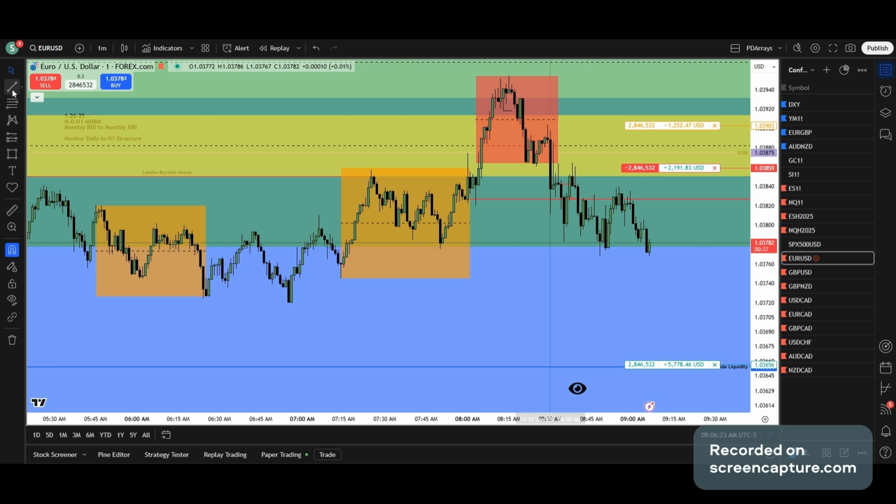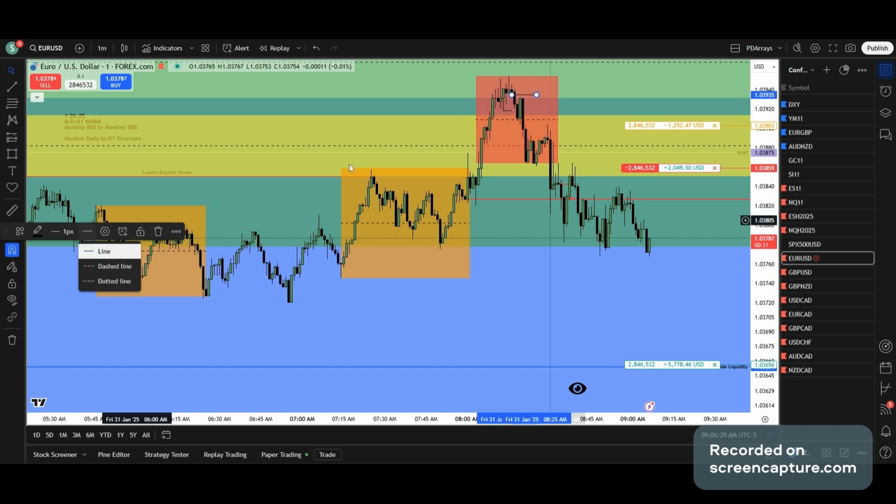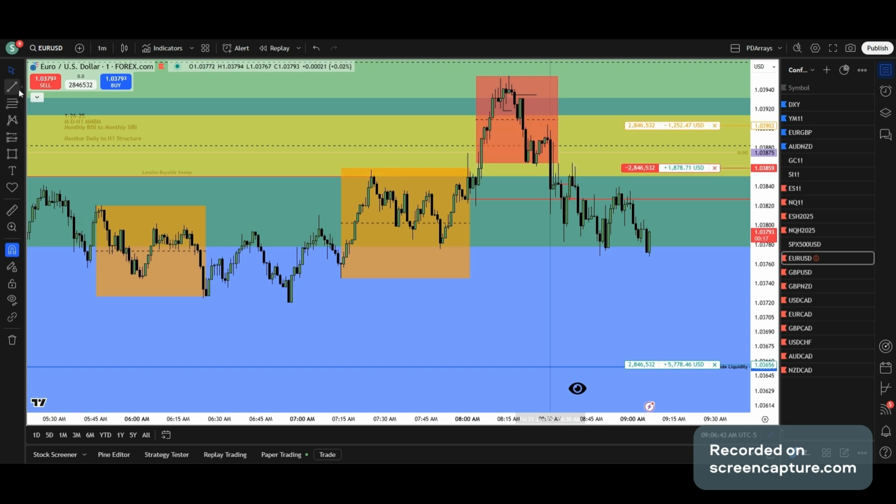And then we have our low risk sell right here. Low risk short.